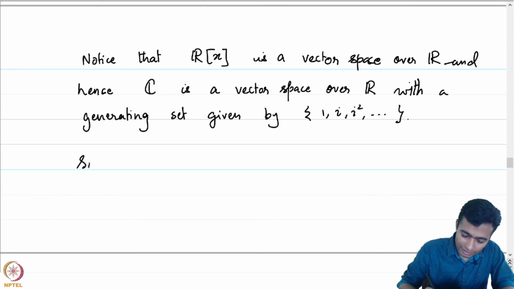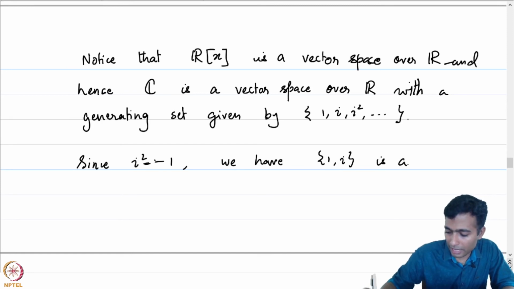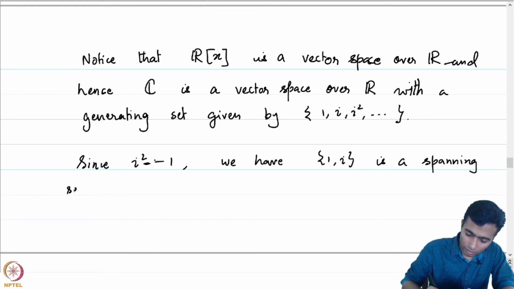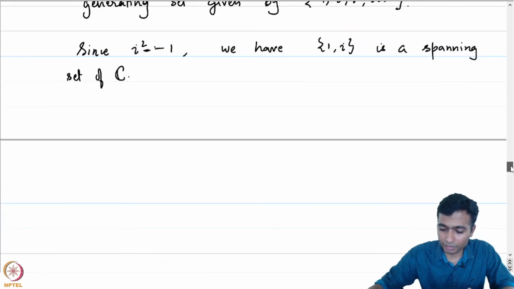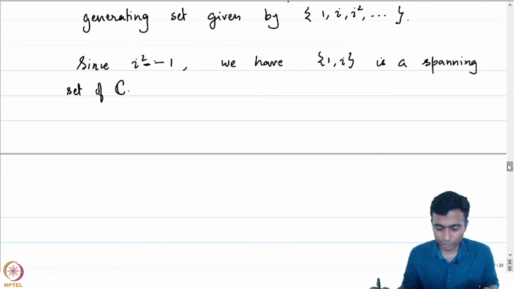And since I square is minus 1, we have 1 comma I is a spanning set of C. So we have a set consisting of two elements, which is a spanning set of C.